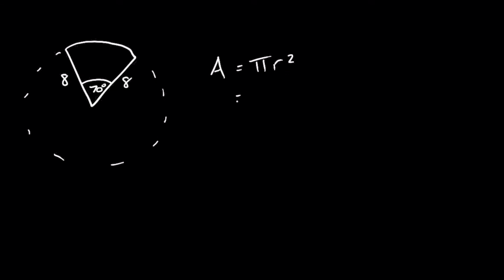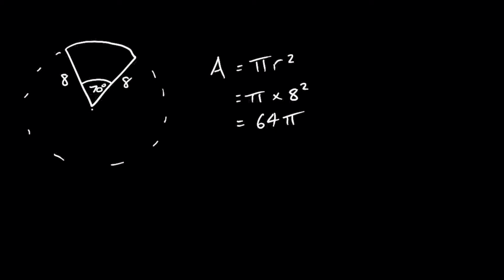In this case, our radius is 8, so it becomes pi times 8 squared, and 8 squared is 64, so we're just going to leave it as 64 pi. I'm not going to worry about getting an answer in terms of a decimal for this. It'll be around 200, but leaving it as 64 pi is absolutely fine.